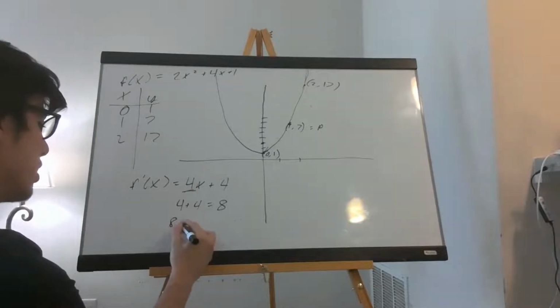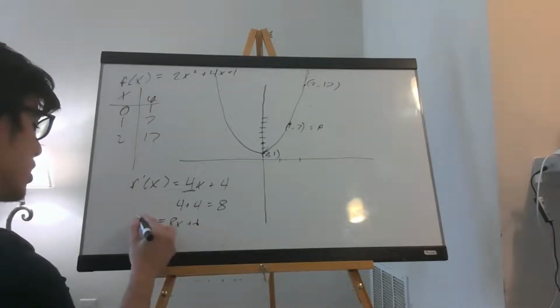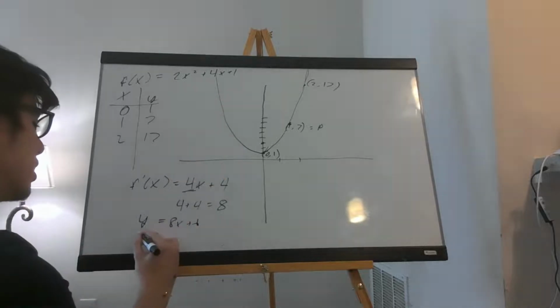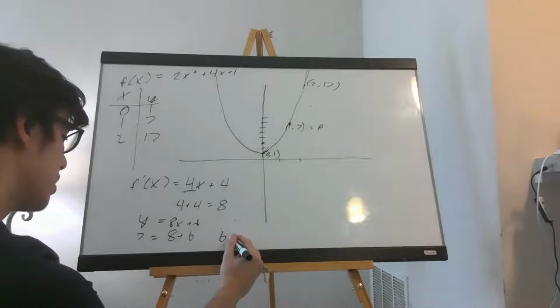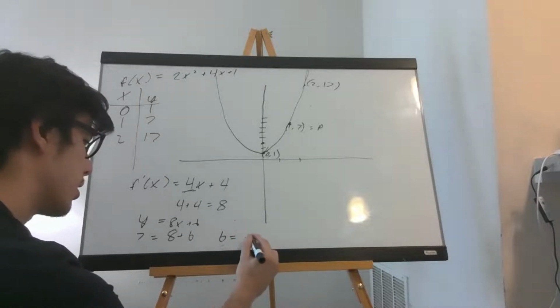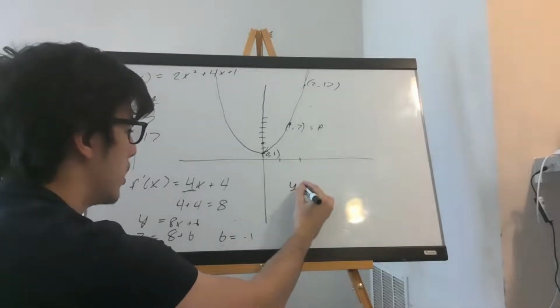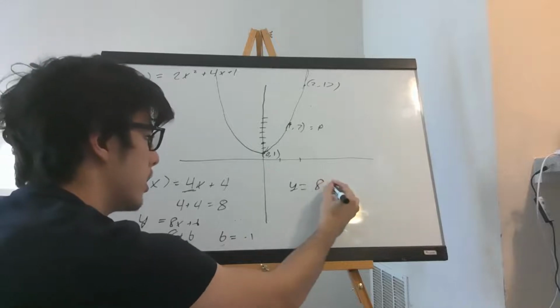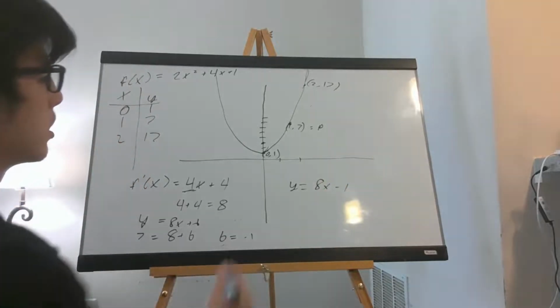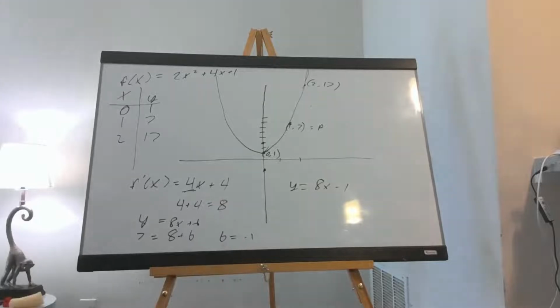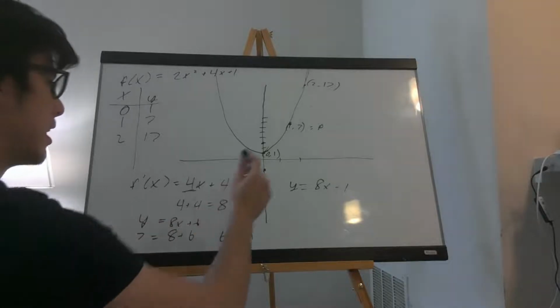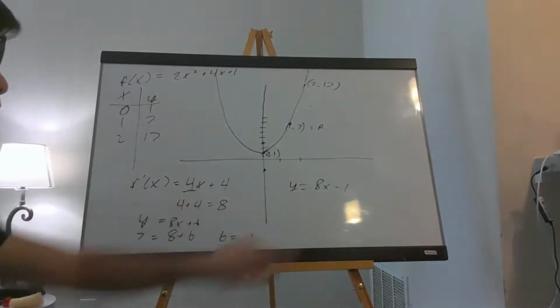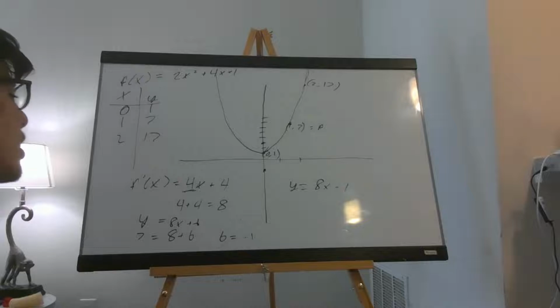So 8x plus b, and y is 7, so 7 equals 8 plus b. b equals -1. So y = 8x - 1. There it is. Okay, I did make a mistake. I knew it. My apologies, guys. That makes a lot more sense. I knew something was off there.